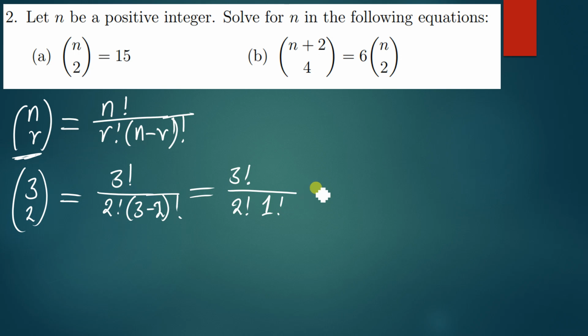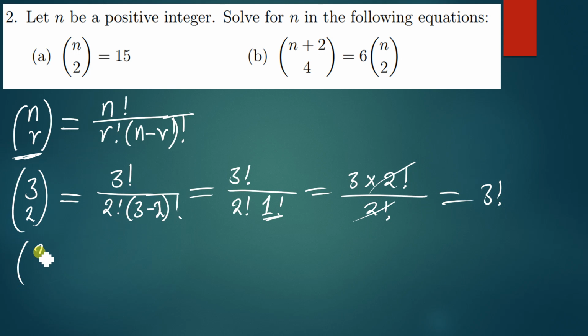So we write 3 times 2 factorial over 2 factorial, because 1 factorial is 1. The 2 factorial and the 2 factorial cancel, so the final answer will just be 3.